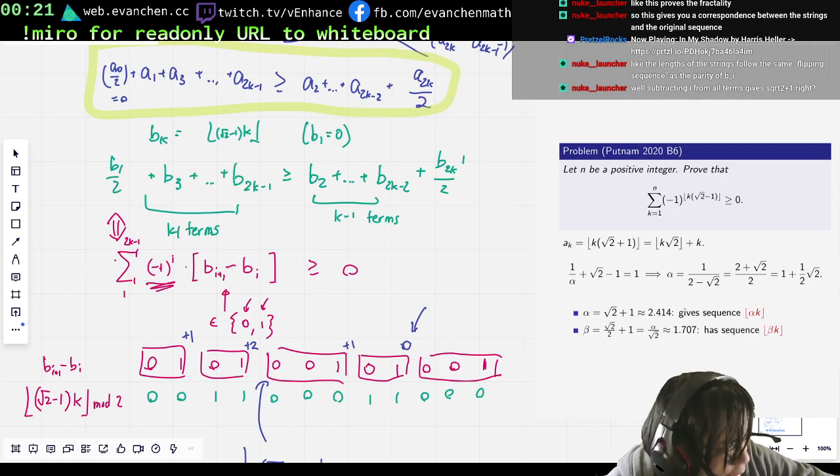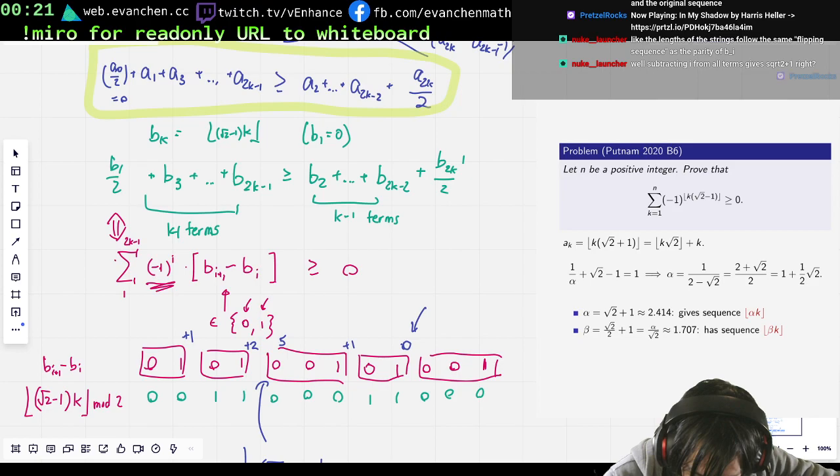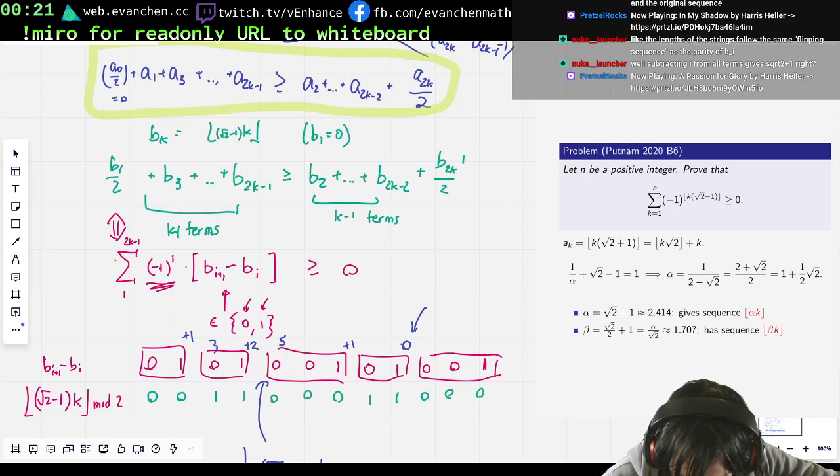I'm a little confused because the first few integers of the form 4 root 2 plus 1 times I are like 3 and 6. But these flips happen at, not this one, this one happens at index 5, this one happens at index 3. I'm not totally sure what you're subtracting from what.